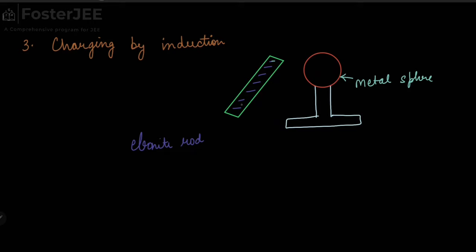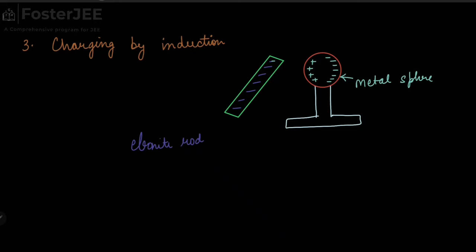Once we took this rod closer to the metal sphere, the electrons present on this side will feel repulsion. So due to this, the electrons will run towards this side. And because unlike charges attract each other, the positive charge will remain on this side.